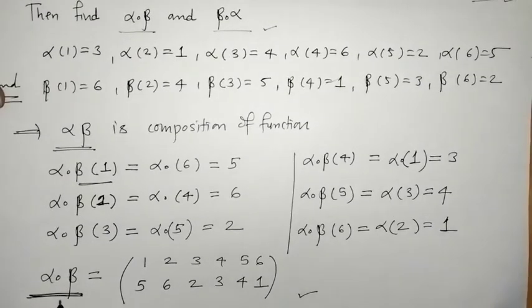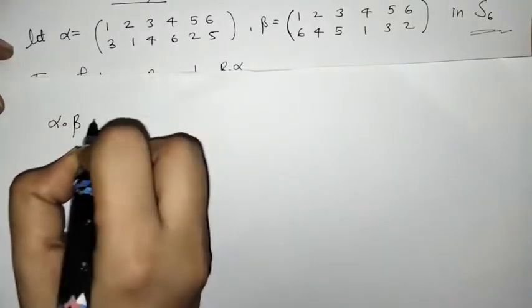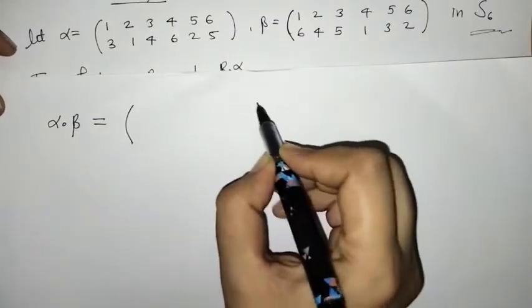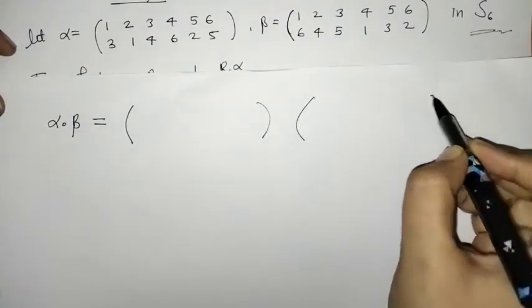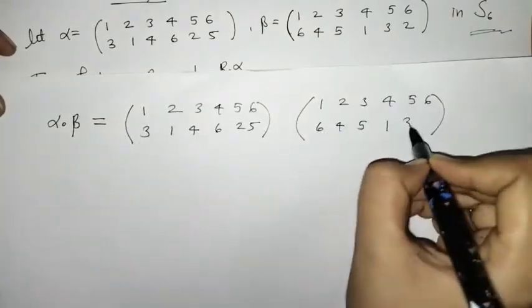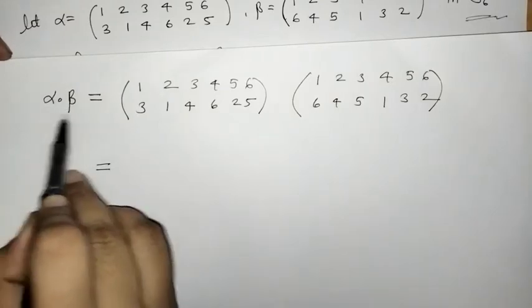Now let's try to find this composition in another way. For finding alpha beta, first we write down alpha, then next beta. We have to find this product alpha beta.